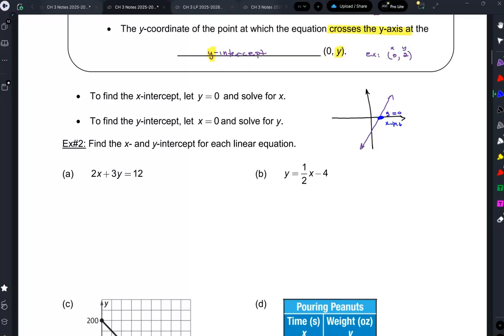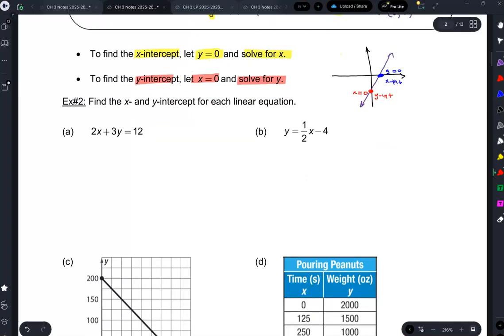Well, it's 0. So to find the x-intercept, you have to let y equal 0 and solve for x. Now, the y-intercept is this point where it hits the y-axis. Over there, what's the x-coordinate? 0. So to find the y-intercept, we let x equal 0 and we solve for y.